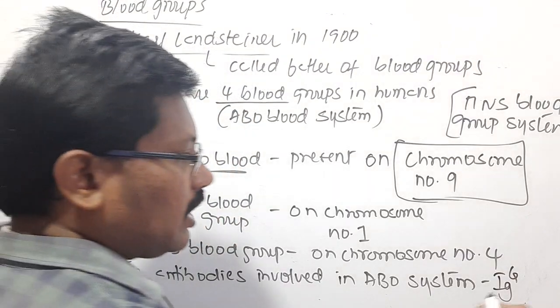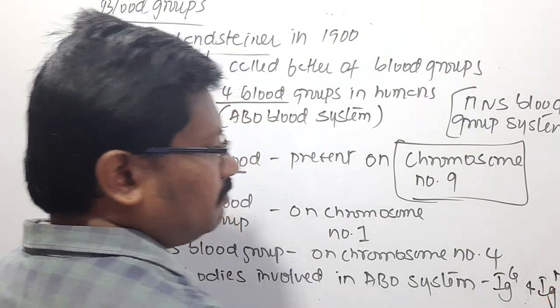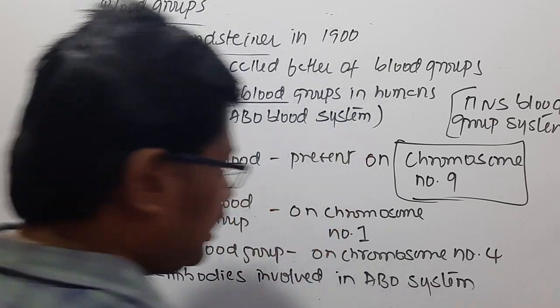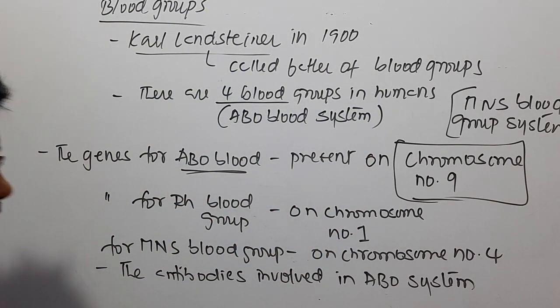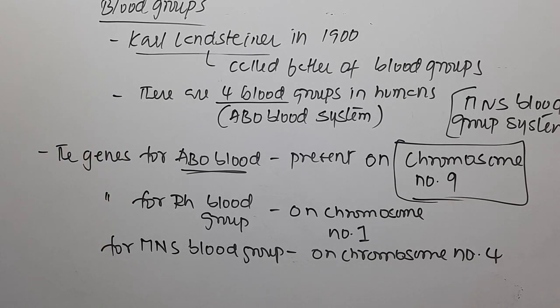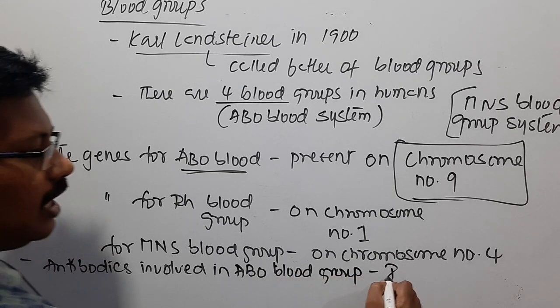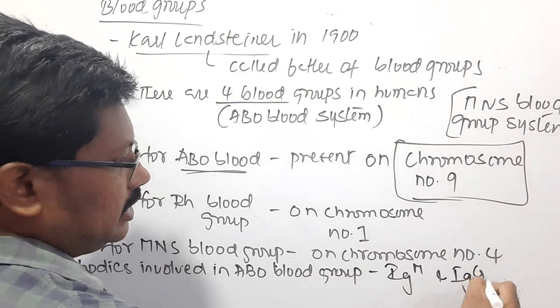IgG and IgM are the two immunoglobulins that are actually involved in this ABO blood group system. Antibodies involved in ABO blood group are IgM and IgG.